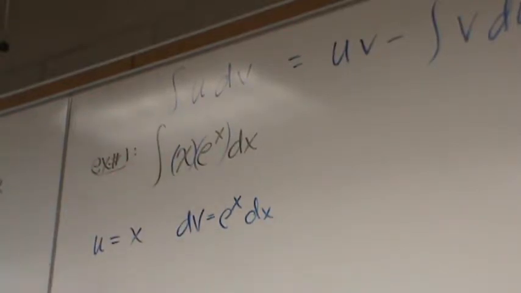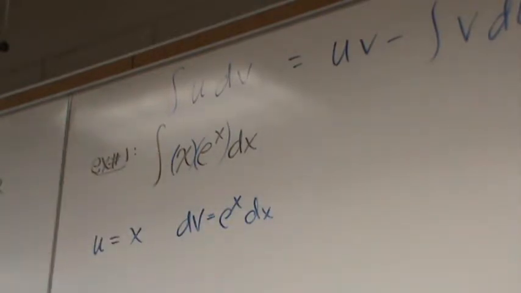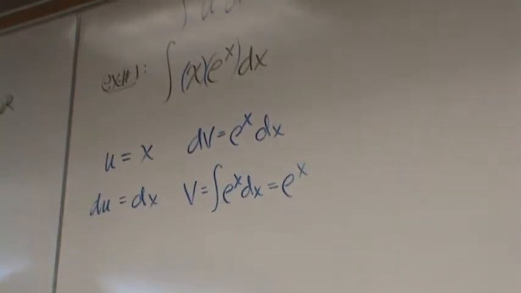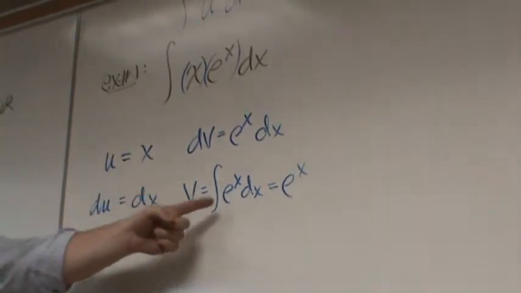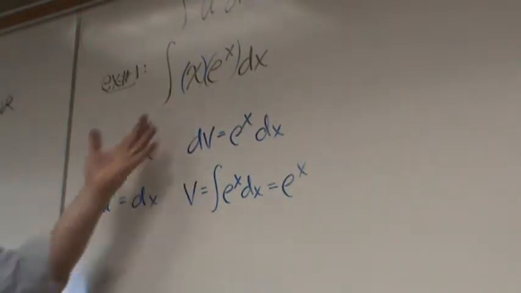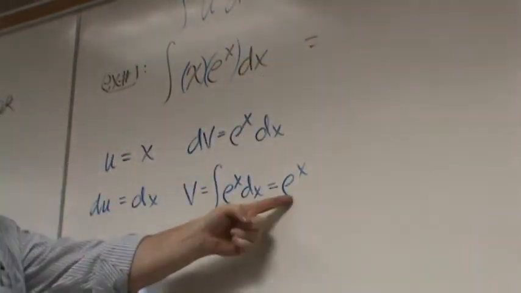And then right under it, I go, okay, I need to know what du and v are. So my du is going to be dx, and my v is going to be the integral of e to the x dx, which is e to the x. So I now have my du and my v. So I can rewrite this integral as uv.